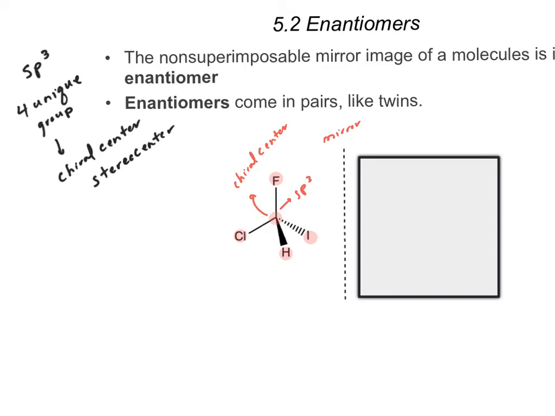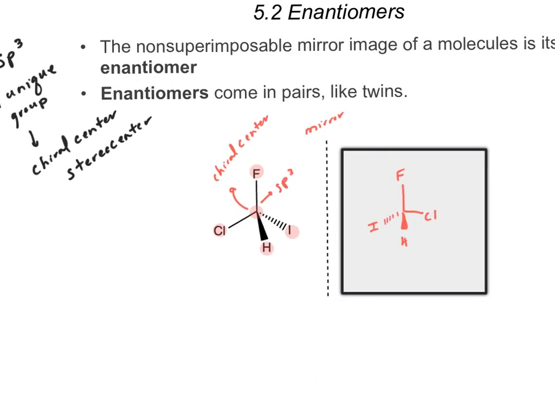So if I start to draw this, I'm going to have a dash right here, all right? I'm going to have a wedge right here. The chlorine that's on the line is going to be going farthest away, and then the thing up top is going to be still up top, right? So this guy is the mirror image of our original object.